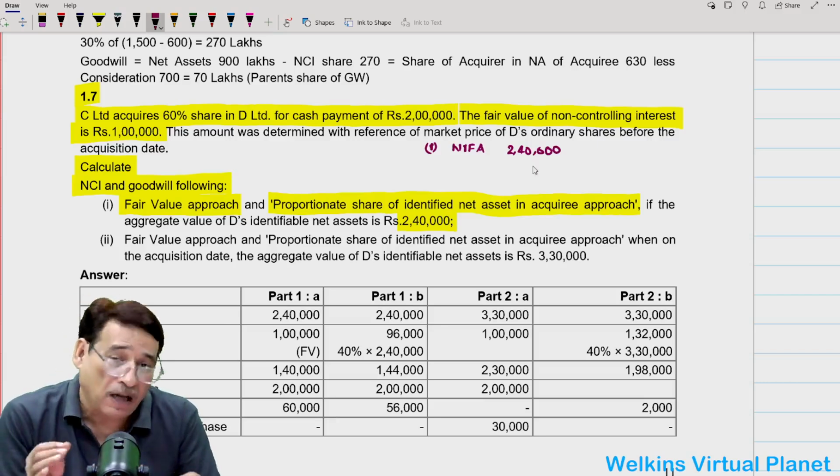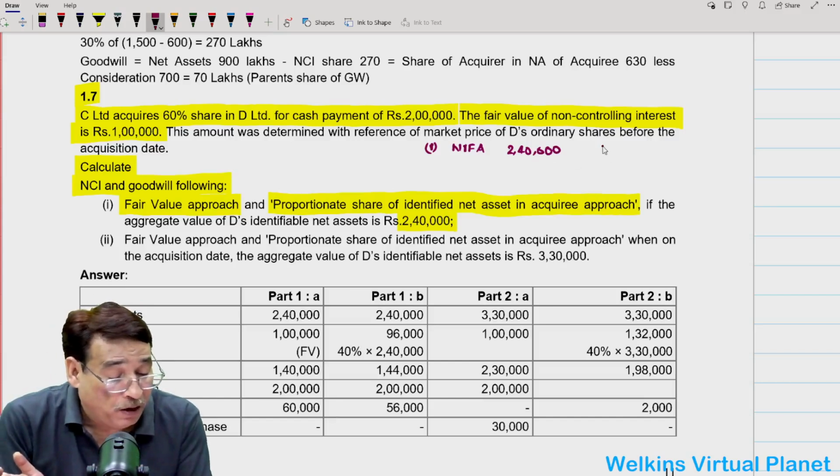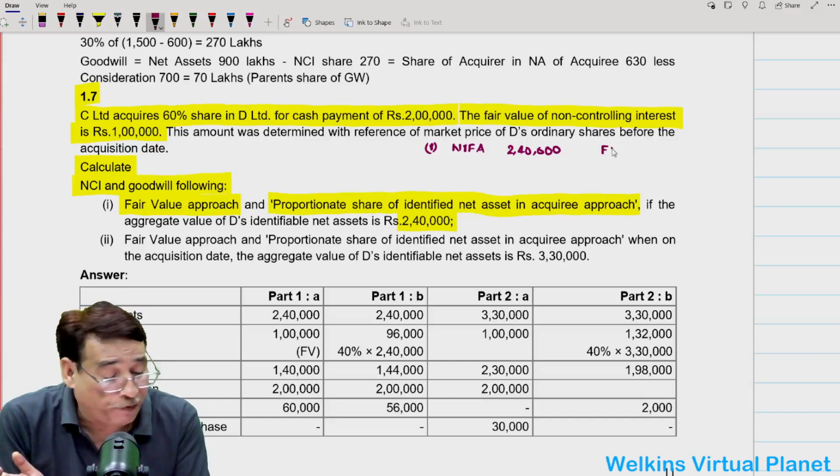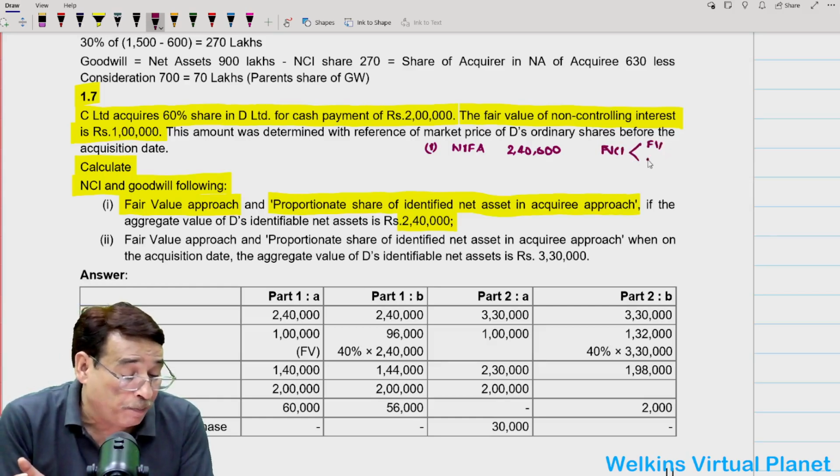Now the question is asking you to compute the amount of NCI on fair value basis and on PSNA basis. This is one question.